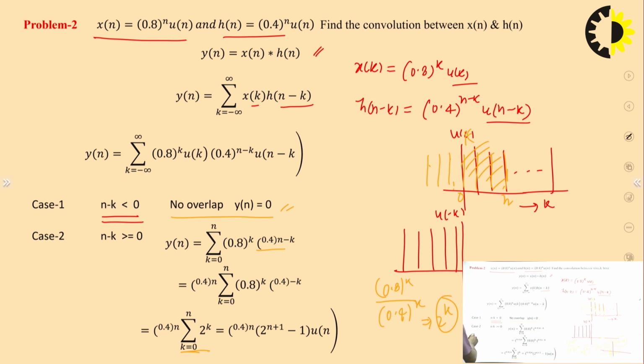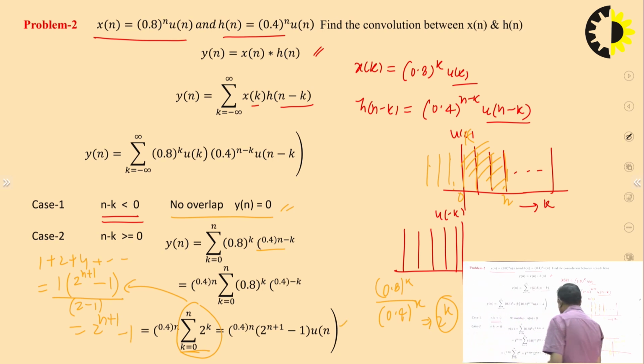The solution of this part is 1 plus 2 plus 4 and so on. The first term is 1, the common ratio r is 2, and the total number of terms is n plus 1, so we get (r to the power n plus 1, minus 1) upon (r minus 1). So this will become 2 to the power n plus 1 minus 1.